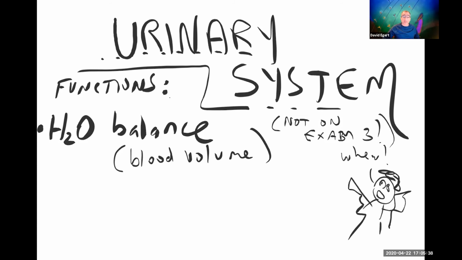So water balance is going to be a huge part. And again, we saw that in the renin-angiotensin mechanism, which will definitely be on your exam. Absolutely, you should understand the renin-angiotensin mechanism and how it relates to the kidneys.